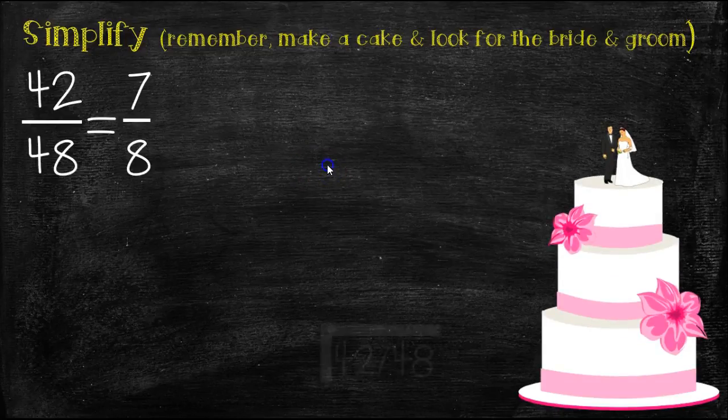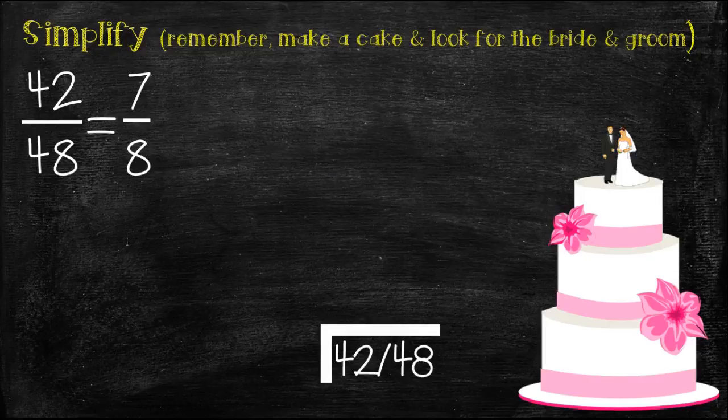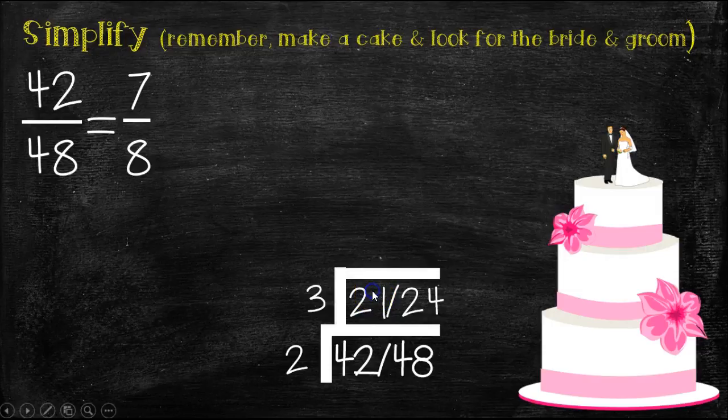Here we have our wedding cake again, and we're going to start in our bottom layer and write 42/48 in there. And we're going to think to ourselves, what can we divide 42 and 48 by? Well, we know that they're even numbers, so we can for sure divide them by 2. So that gives us 21/24. So we know that we still have a factor in common for each of these, and that would be 3.